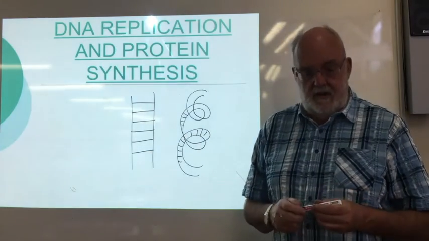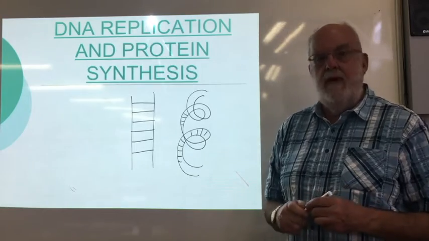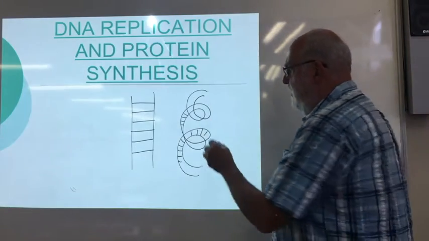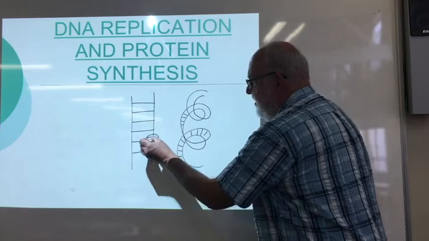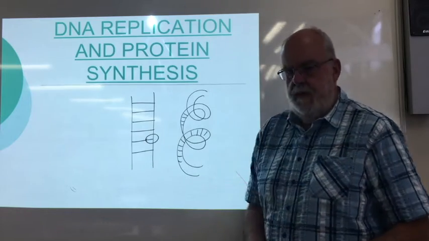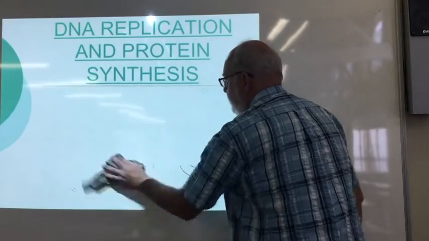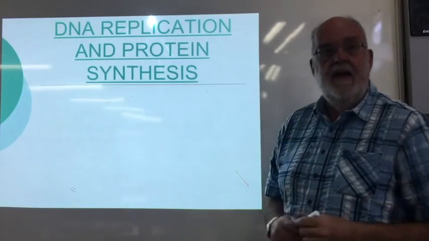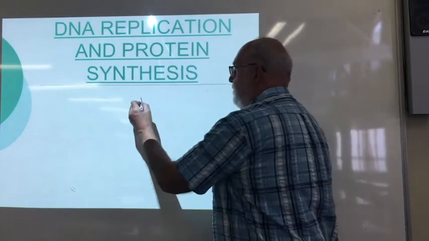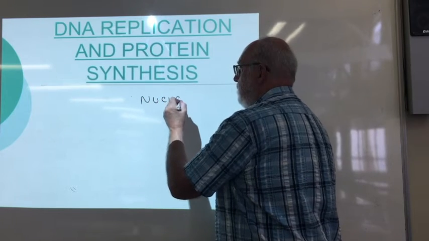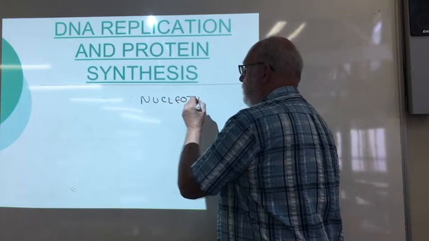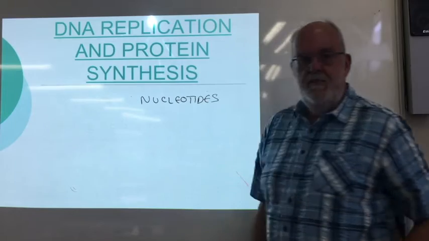Now we need to focus a little bit. What is the coil actually made of? What is this made of? So we'll look at just a section from there and look at the structures of the molecules concerned. What we're looking at here are things called nucleotides, which we've come across briefly before.